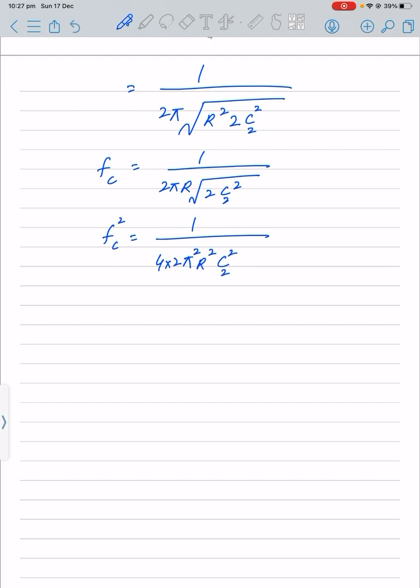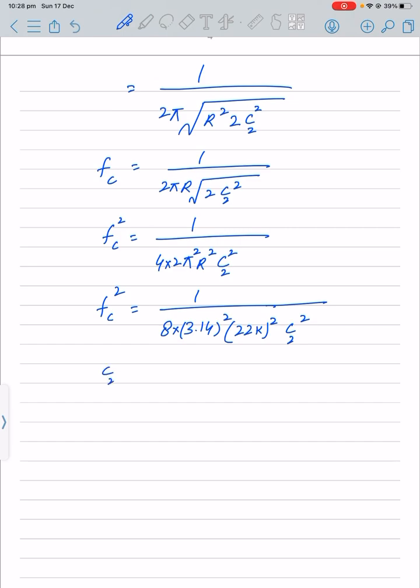If we input the values for everything that we have, that is equal to 8 into 3.14 square, the pi value, we have R equal to 22 kilo ohms, and our C2 we don't know, but we know the value of Fc, that is 3 kilohertz.